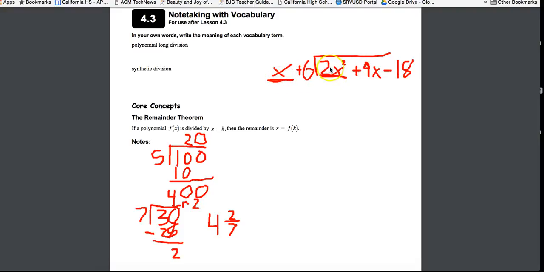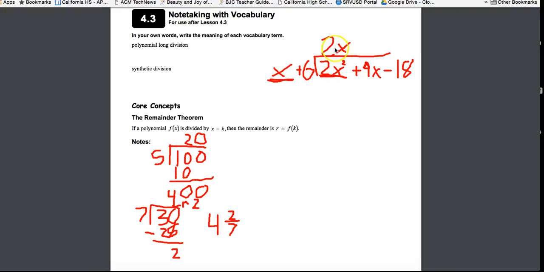So here we're dividing 2x squared by x. Another way of looking at that is, what do we need to multiply x by to equal 2x squared? In this case, we can see that it is 2x. Another way of saying that is x times 2x equals 2x squared.